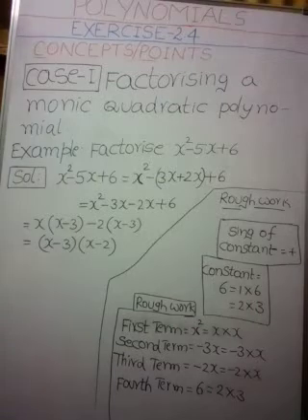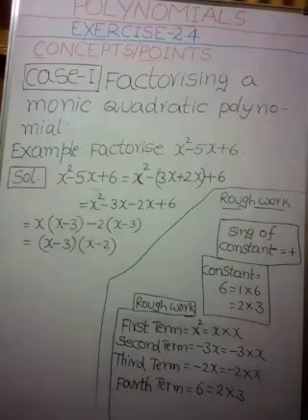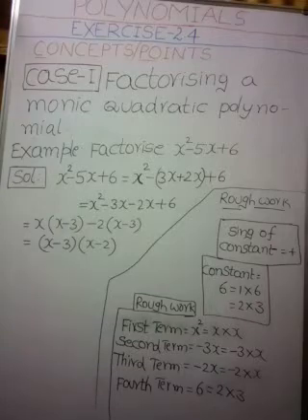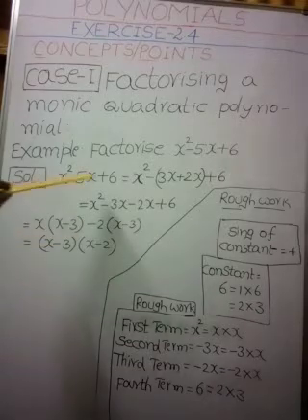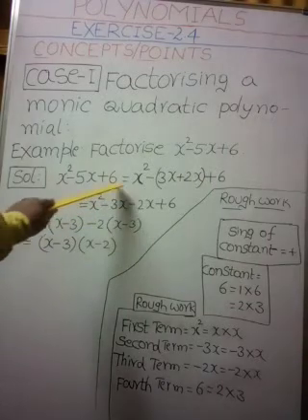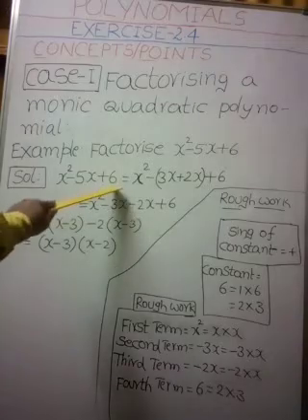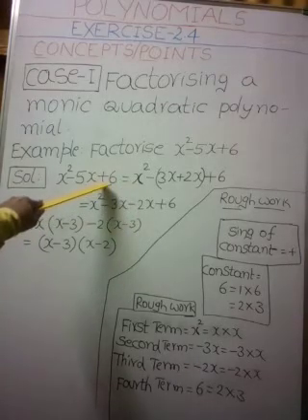Now what is the middle term here? Minus 5x. Now we are going to split this minus 5x into two terms. So to split the middle term, we have to concentrate on the constant term. What is the sign of the constant term here? Positive.